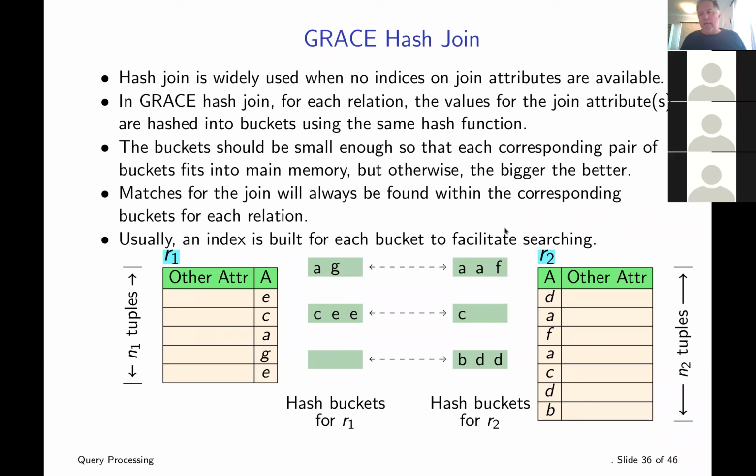If you're doing an equijoin, merging on A, what you wind up doing is hashing everything in R2 and everything in R1 into the same bucket addresses, mapping them into shared buckets. I'm creating hash indexes on both relations, but what I'm doing is merging them together.